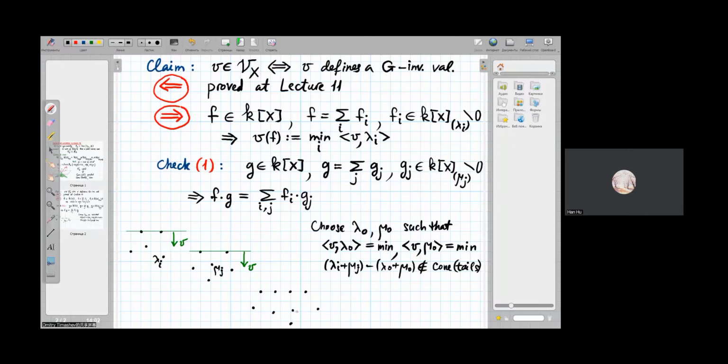These are lambda i's plus mu j's. Again, we can consider the value of v on all these sums of weights and take the supporting hyperplane for this linear function v. This is the supporting hyperplane for v.